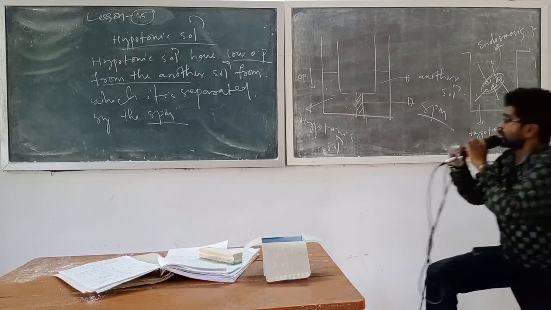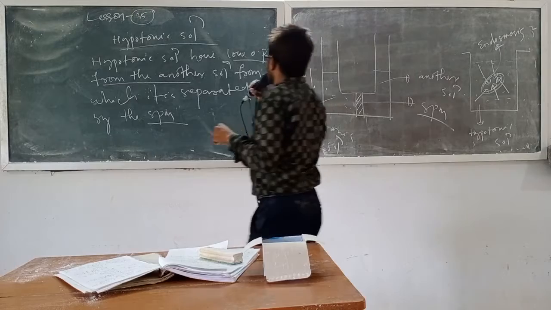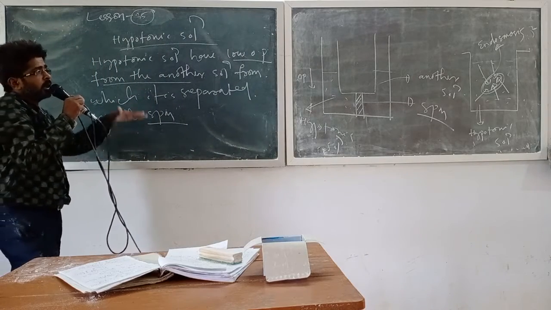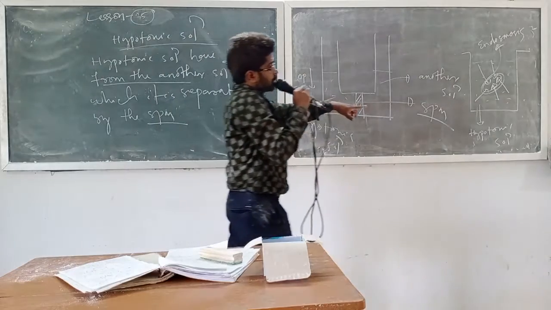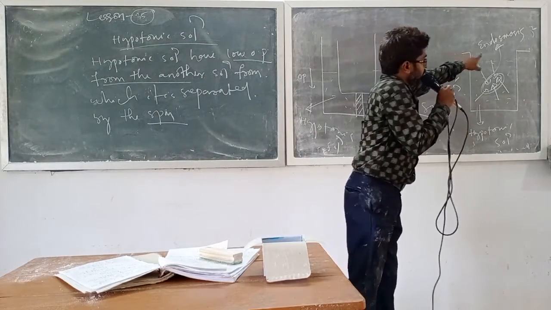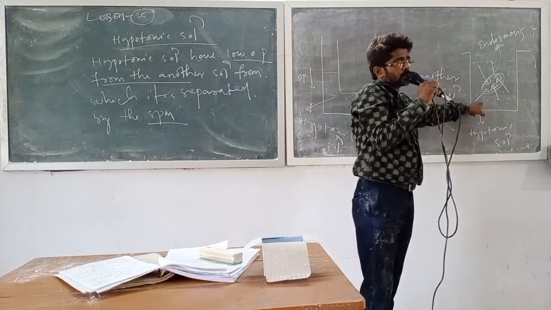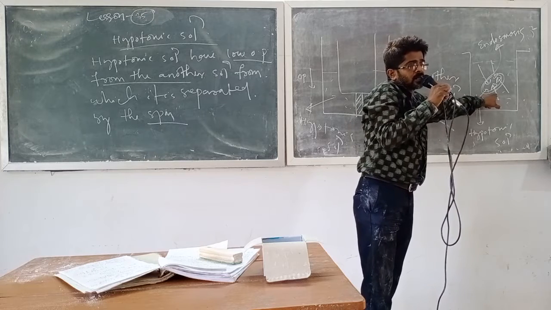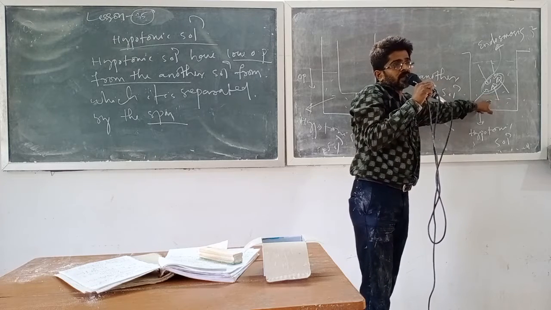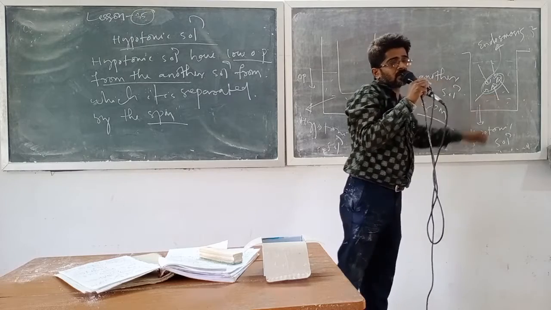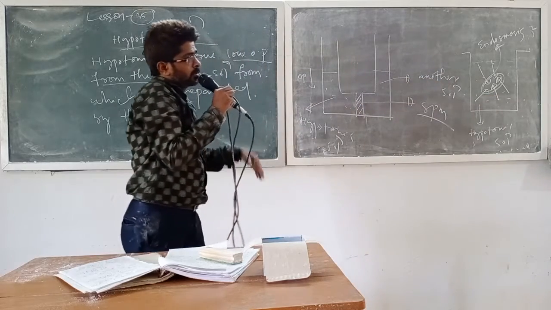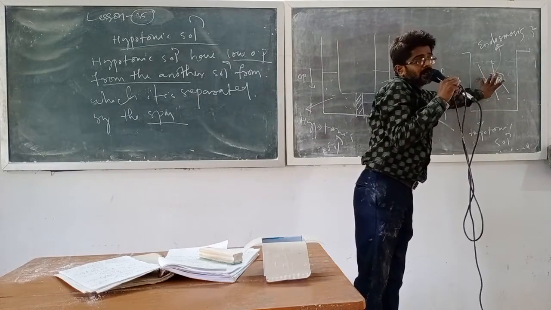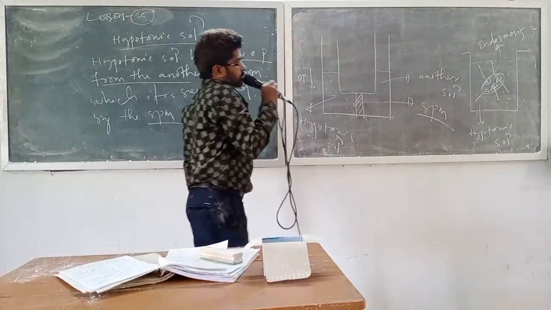That means hypotonic solution has a low osmotic pressure from the other solution from which it is separated by the semi-permeable membrane. If I put a cell into a hypotonic solution, endosmosis will happen because water from the hypotonic solution will enter inside of the cell. When water enters into the inside of the cell from the outside, it is called endosmosis. So the cell size will be more, it will swell. This is all about hypotonic solutions.